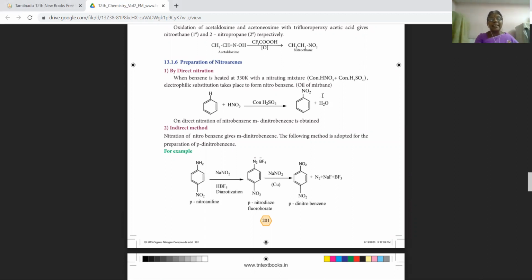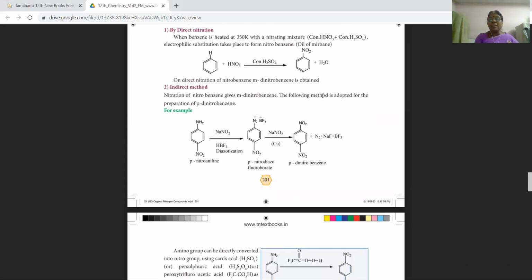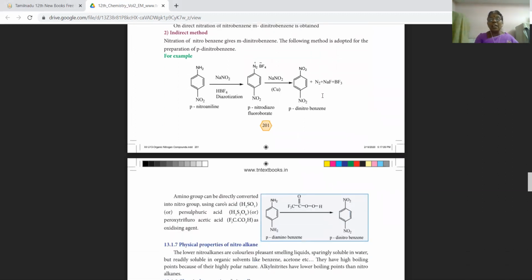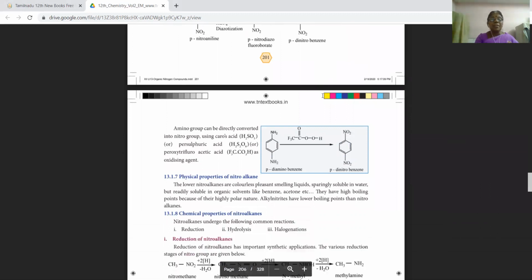If this is treated with NaNO2, first you will get para-nitrobenzene diazonium fluoroborate. Then again, if it is treated with sodium nitrite, you will get para-dinitrobenzene along with nitrogen, sodium fluoride, and boron trifluoride.